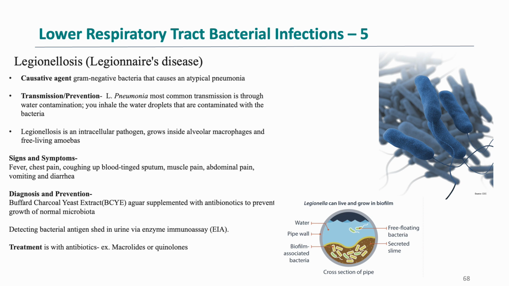How you diagnose Legionnaire's disease is actually quite difficult. You have to detect and measure the presence of the antibodies of the bacteria. So they're going to culture and grow the bacteria in a buffered charcoal yeast extract, which is how they grow the bacteria. And then they're going to use the enzyme immunoassay to detect and measure the presence of the antibodies.